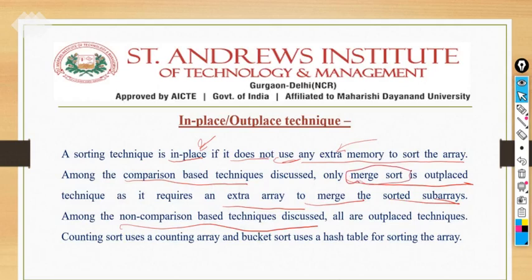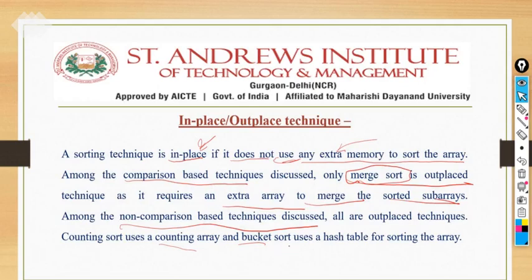And what about the non-comparison techniques? We have already covered comparison, where we compare and put any element at its right position in the array. Non-comparison based techniques are counting sort, bucket sort, hash table sort, and radix sort.